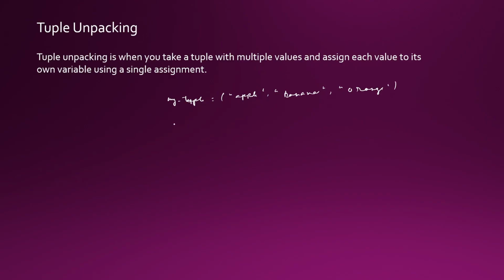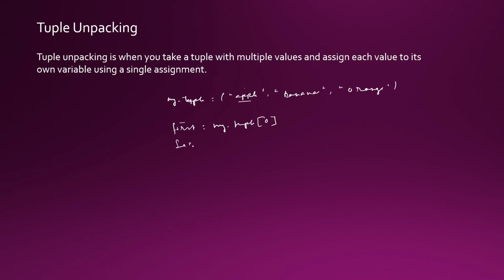Suppose I create one variable, first, and assign the value of my tuple at index position 0. My tuple 0 is apple, so this value has been assigned to the variable first.